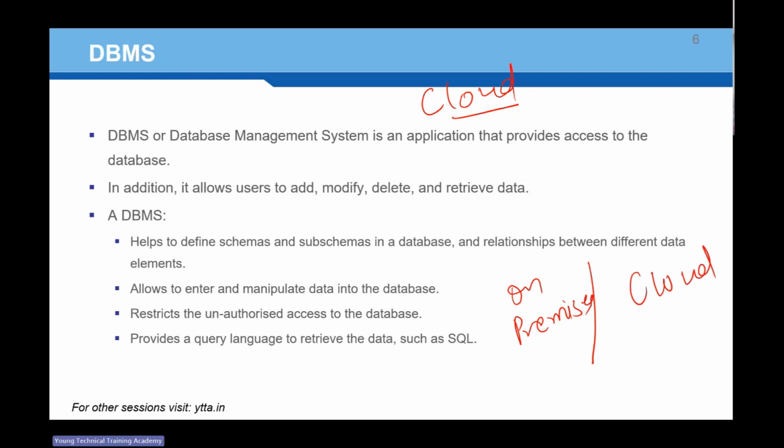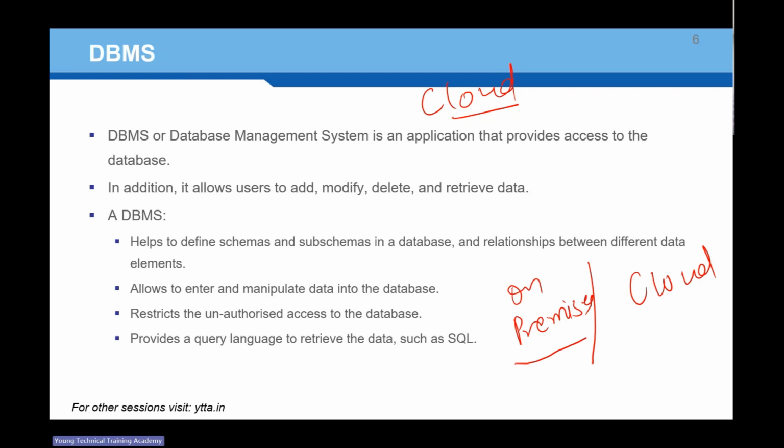This database management system can be either or both. Depending on the organization, if they are using their own database management system and maintaining their own server, then it would be considered on premises.